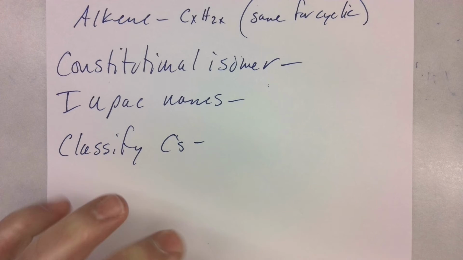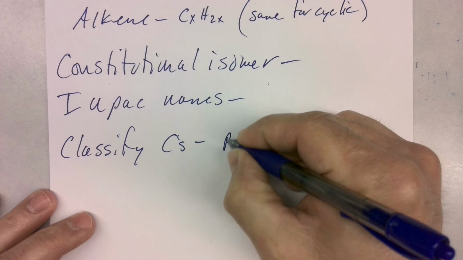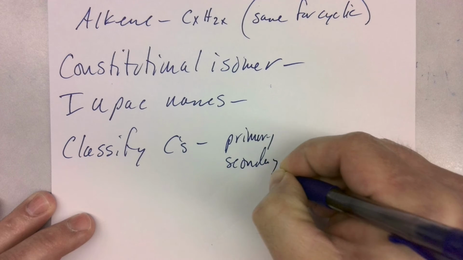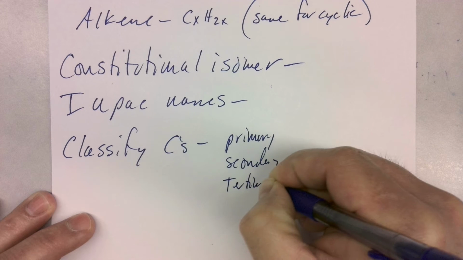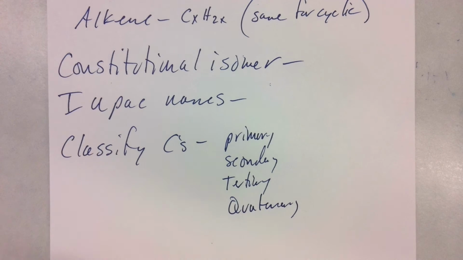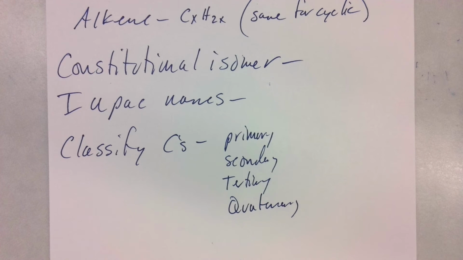Now, classifying C's to me is the easiest. That is simply one of 4. What are they going to be? Primary, secondary, tertiary, and quaternary. There's like 6 or 7 of those, maybe 8 even. That to me is the easiest kind of question you're going to run into.